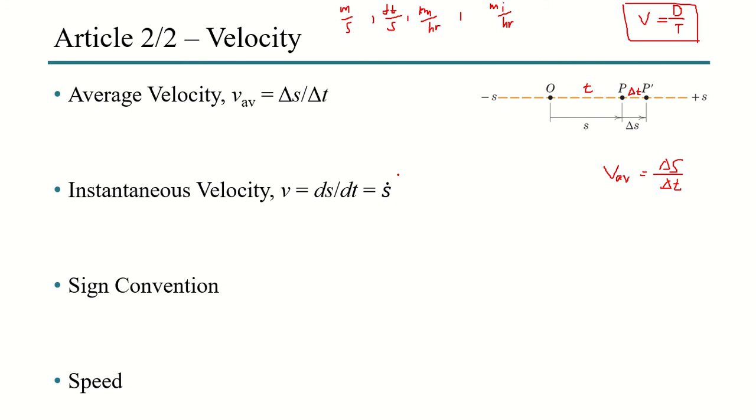Now for the convention, if the particle is moving forward to the right, V is greater than 0. So it moves to the right of this fixed position. Or it could be that the particle is moving to the left, so V is less than 0.